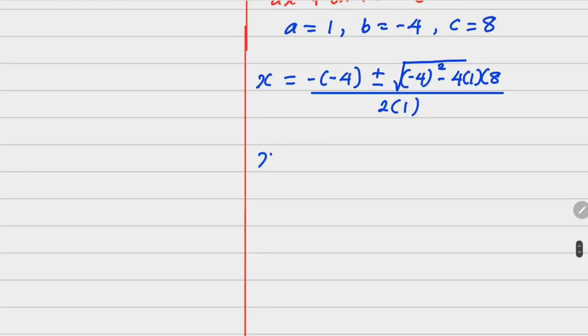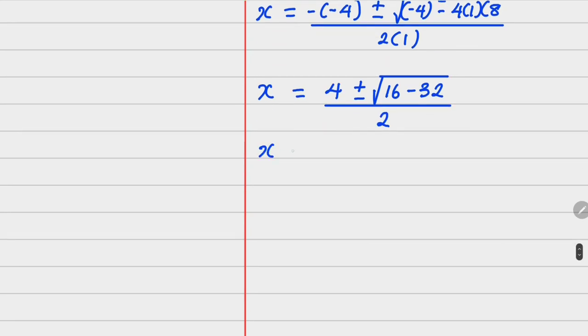Now, having this, I'm going to have x equal to 4, of course, minus times minus is 4, then plus or minus. What goes on in this bracket will be 16 minus 32, and this is all over 2.